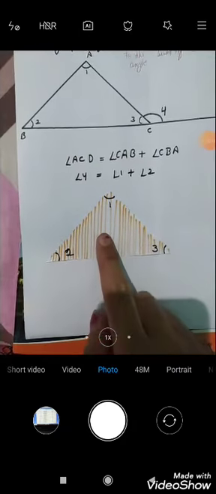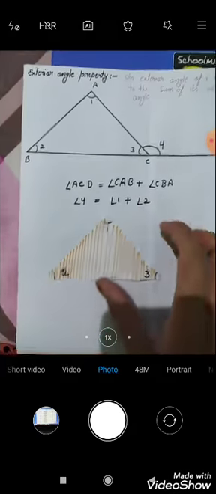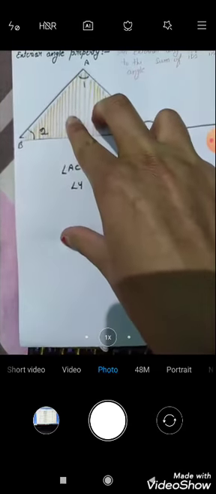first we draw a triangle of any measurement and mark its angles as 1, 2 and 3. Then we draw a similar triangle of the same measurement and extend one of its sides in this way.